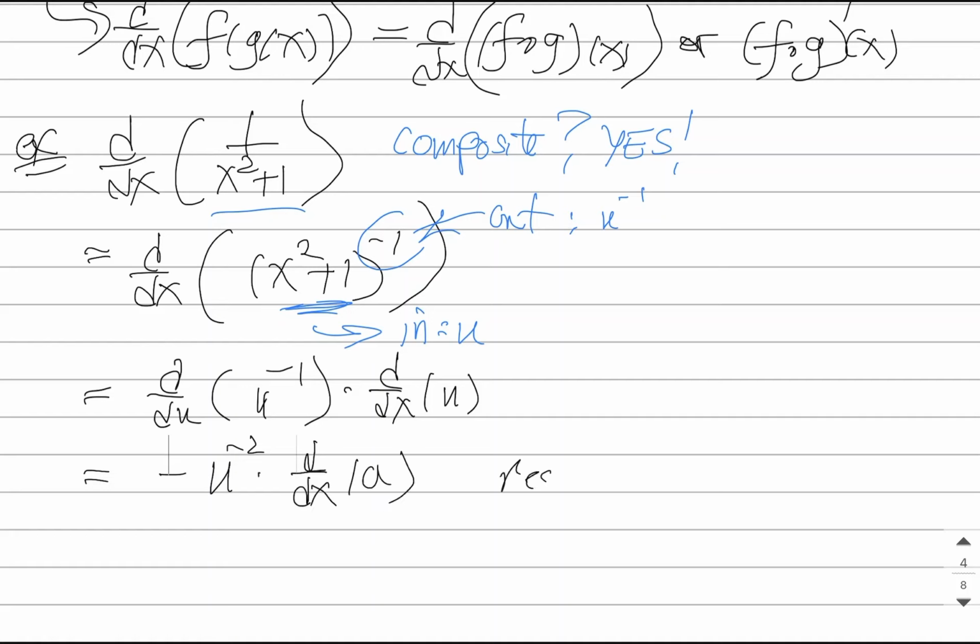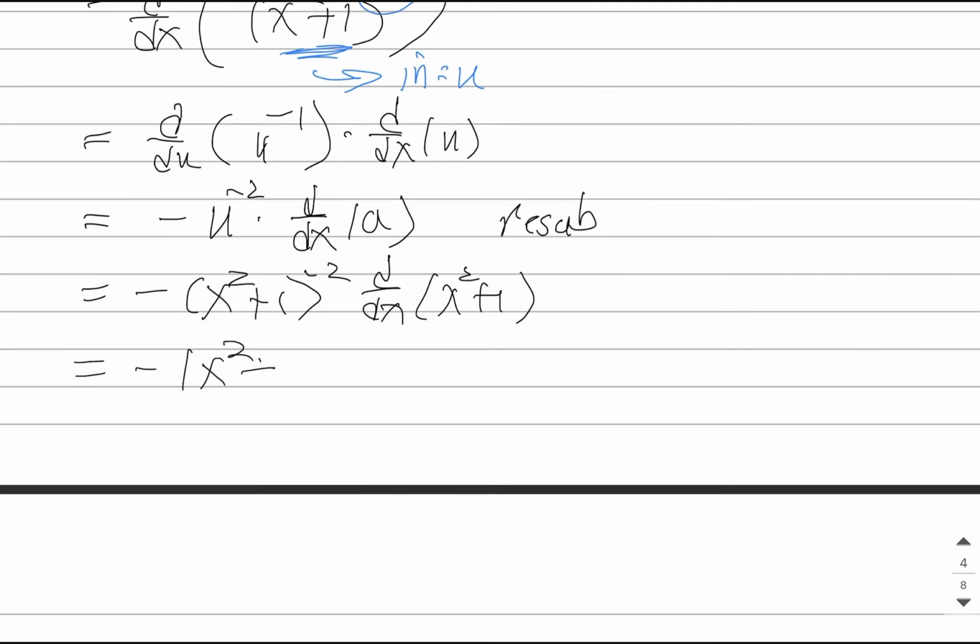Now we resubstitute for u. The u is just a temporary placeholder. And we would now come up with the full result like this. Minus 2. The derivative of x squared plus 1 is 2x. So at the end of the day, this is going to give me negative 2x over x squared plus 1 squared.